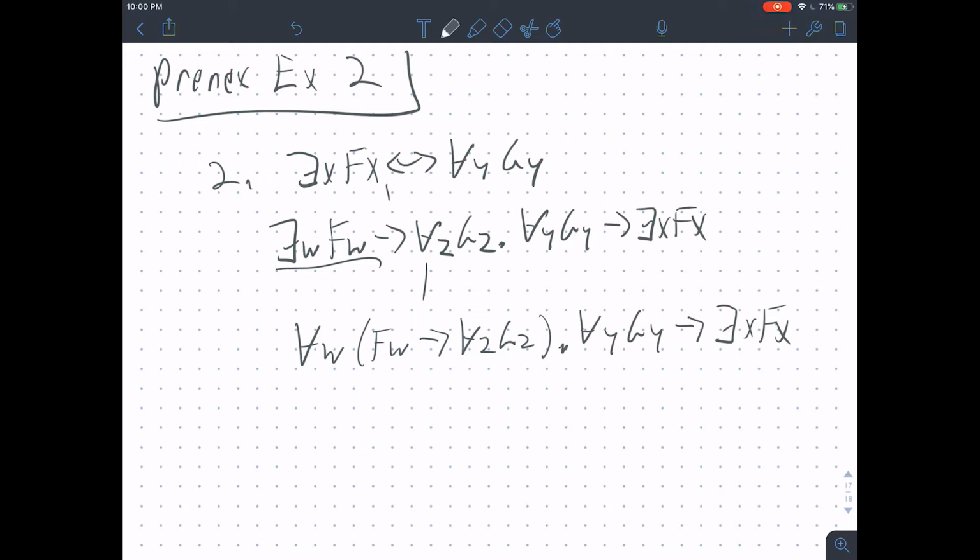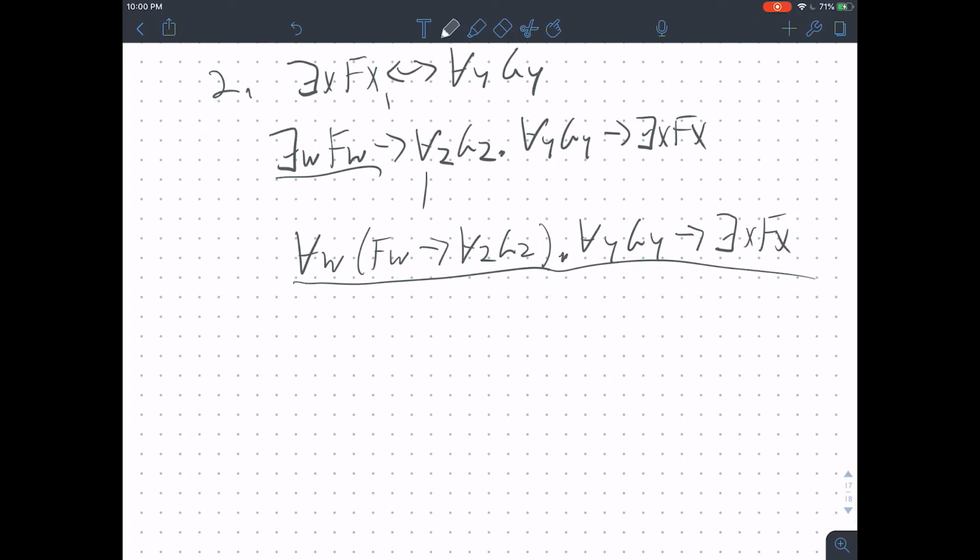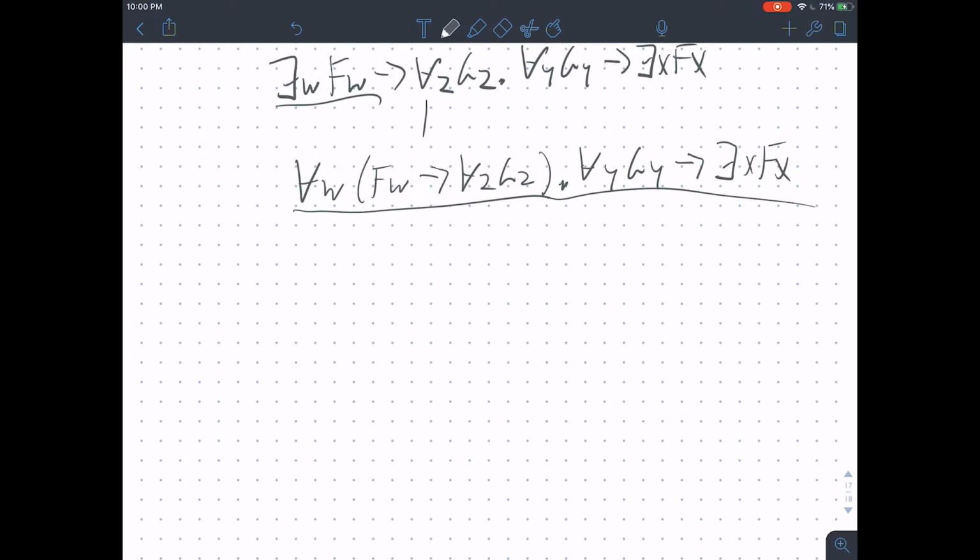Then I'm going to work on this whole thing, or technically the whole schema. So what we do is we pull that W out in front of the whole thing. Because I'm not writing the rules, I'll explain this.